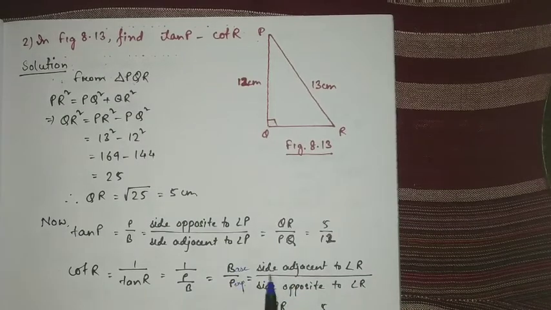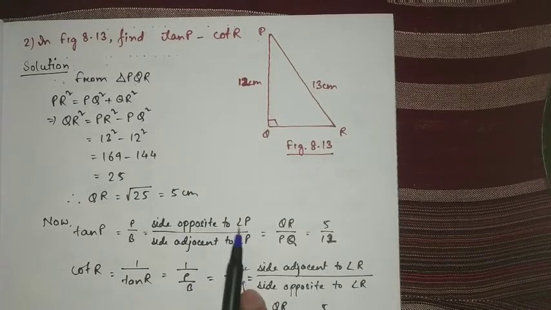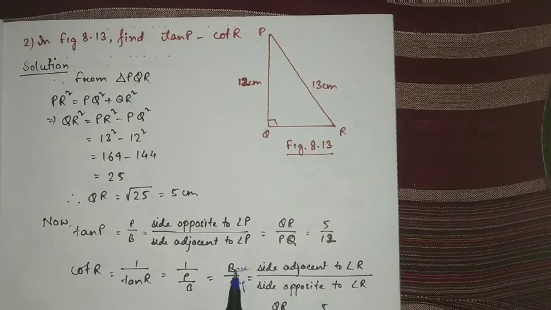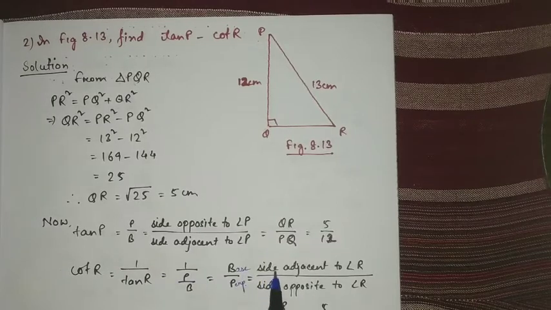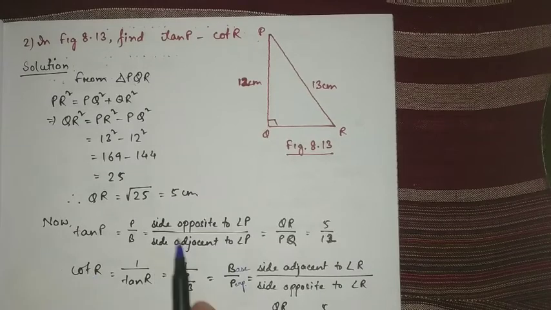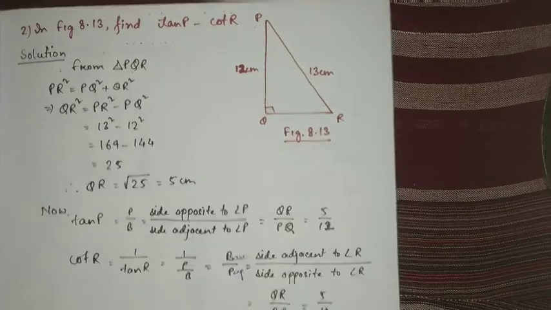So the base means the side adjacent to angle R. You don't get confused with this P and this B. This base is related to this angle, and this base is related to this angle. So the side adjacent to angle R will be the base for this problem, and the side adjacent to angle P will be the base for this trigonometric ratio.